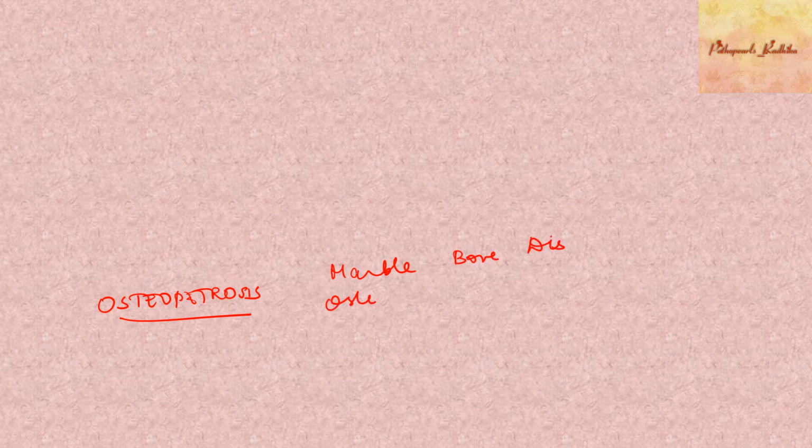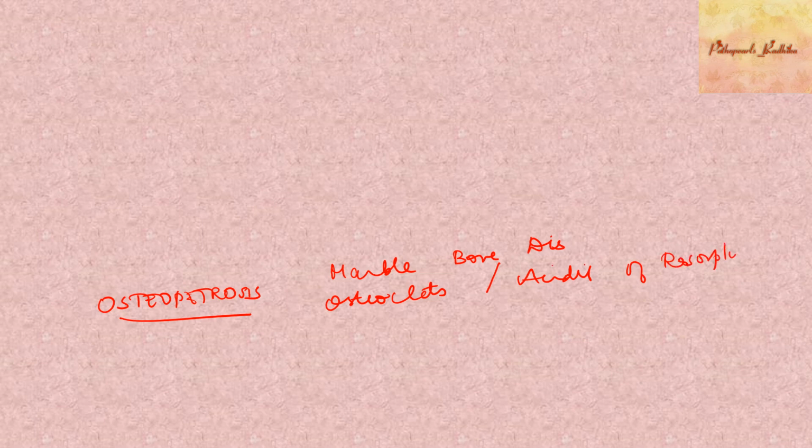Okay, so let me summarize about osteopetrosis. So the other name for osteopetrosis is marble bone disease. So what's the main pathogenesis? So you have abnormality in osteoclast or acidification of the resorption pit.